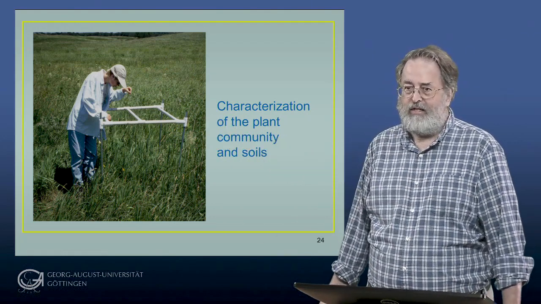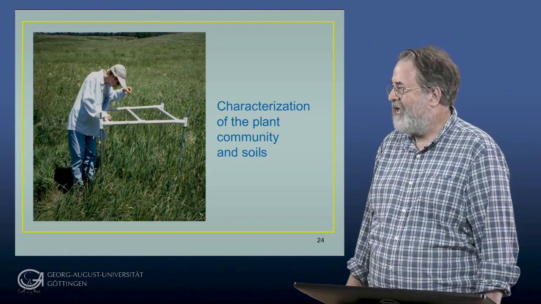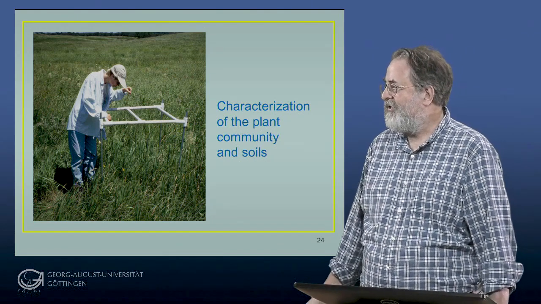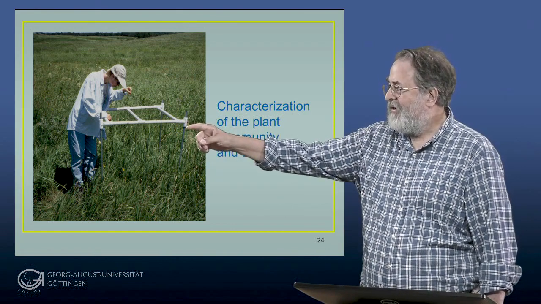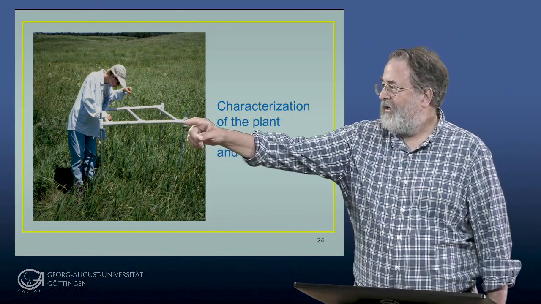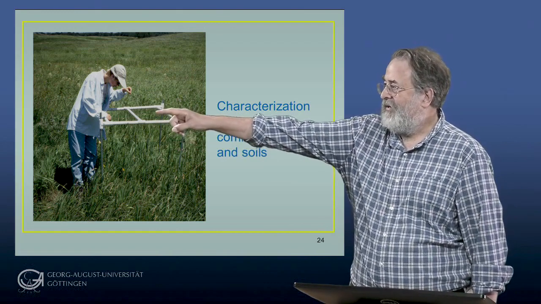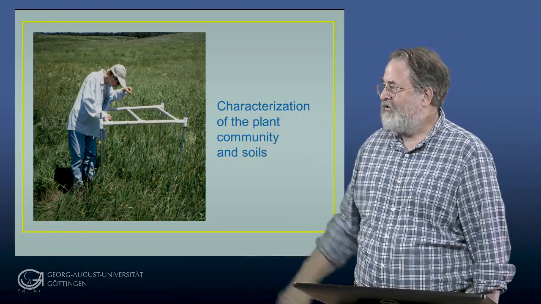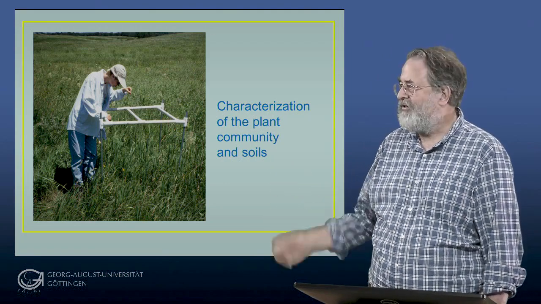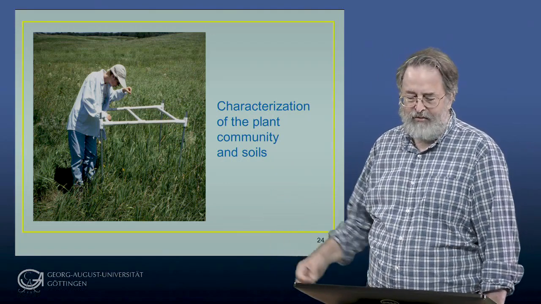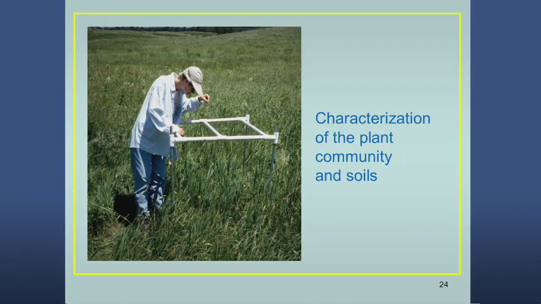This is done in a very standard way for this kind of analysis in systems that have this kind of stature. We have a frame made out of plastic here. There's a bar in the middle that has small holes drilled in it, and she drops what we call pen flags, which are basically wire, down through there, and determines what plant is touched by the first drop of the pen.